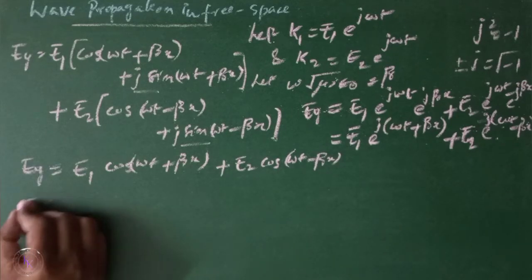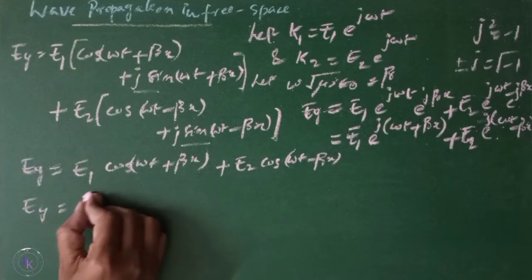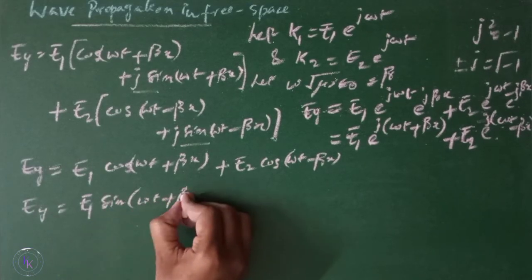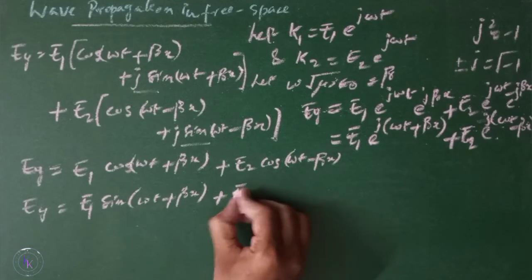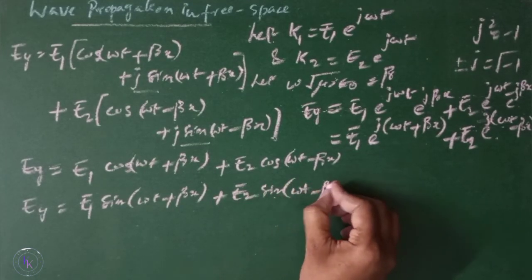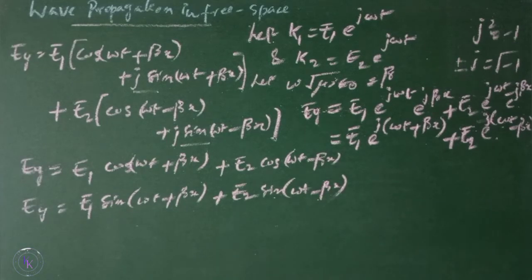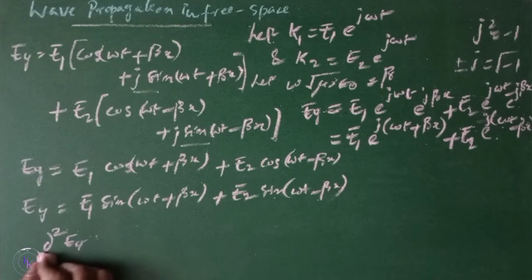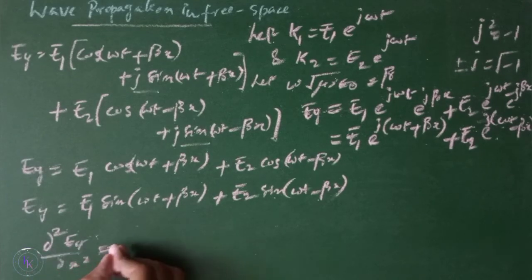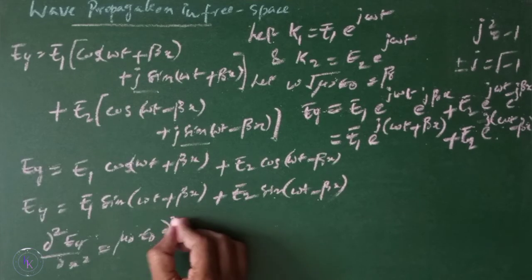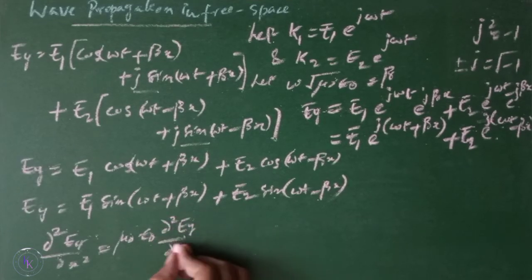Similarly, the imaginary part of Ey equals E1 sin of omega t plus beta x plus E2 sin of omega t minus beta x. Consider the wave equation: dou square Ey by dou x square equals mu naught epsilon naught dou square Ey by dou t square.